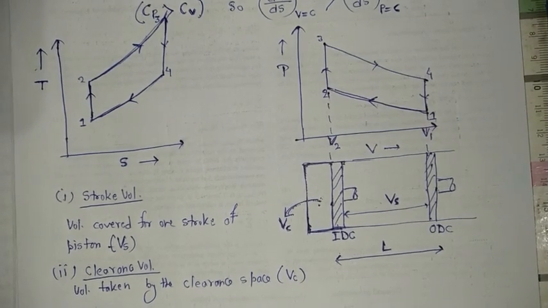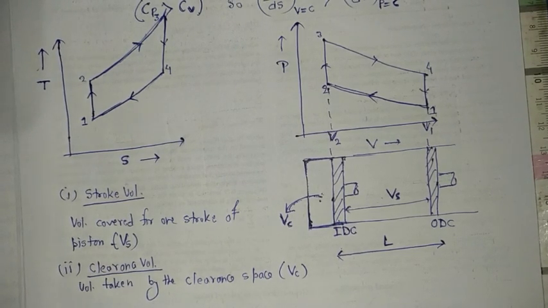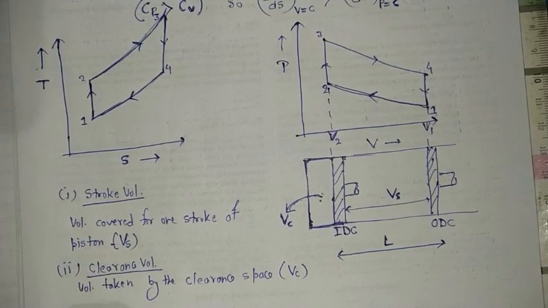Okay, then the ratio of VC to VS is called the clearance ratio.